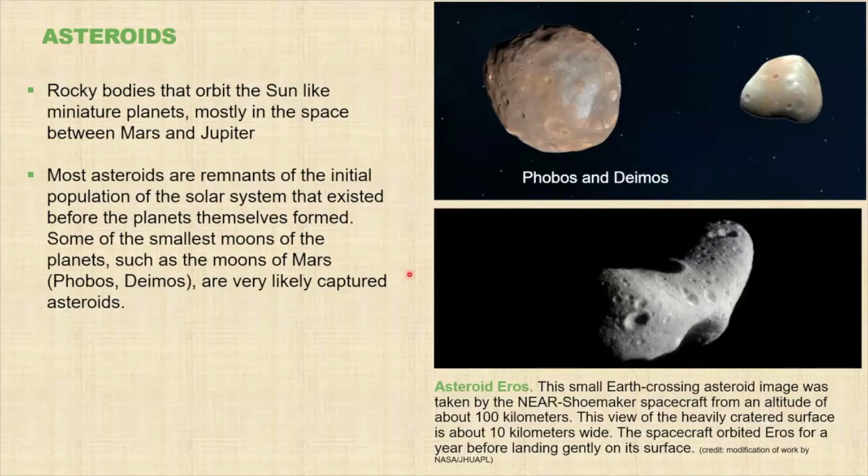And this is what is believed. Mars may have captured these 2 asteroids, and by definition we call these satellites, or moons of Mars, captured asteroids. Bigger planets do that often. Jupiter and Saturn have captured many of their moons.